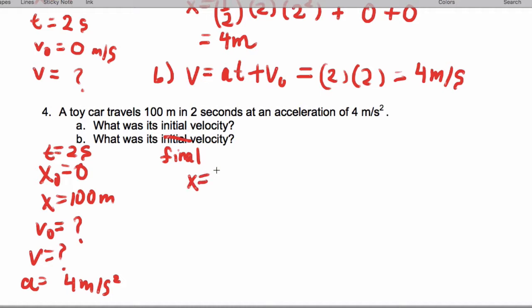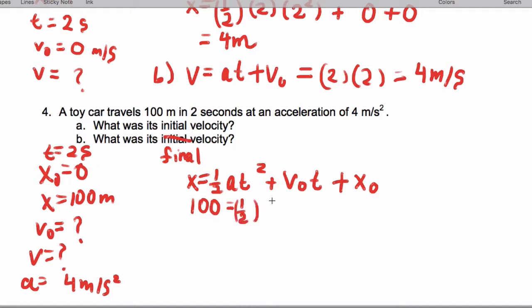We have x is 1/2 at squared plus v naught t plus x naught. So 100 is 1/2 times my acceleration of 4 times 2 seconds squared plus v naught times 2 plus 0.